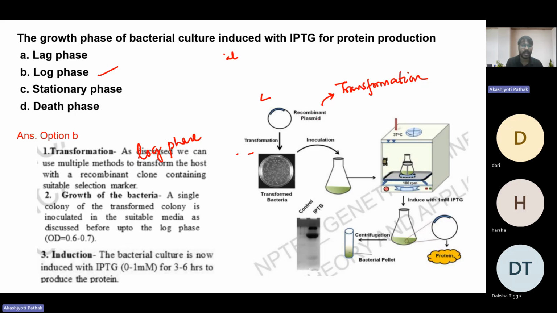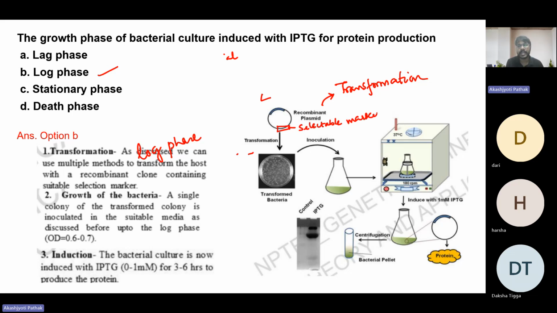So once your bacterial cells have taken up the recombinant plasmid, then you plate it. So this is the LB agar. And this LB agar is supplemented with a particular type of antibiotic. So this plasmid also we saw last time. This vector has different types of selectable markers, isn't it? So these selectable markers are what?